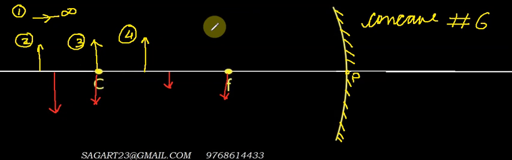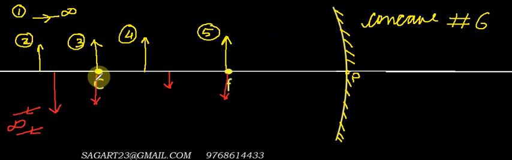Then the fifth diagram, when the object was placed at F, we saw that there were two parallel rays that were starting, and we assume that the image will be formed at infinity.